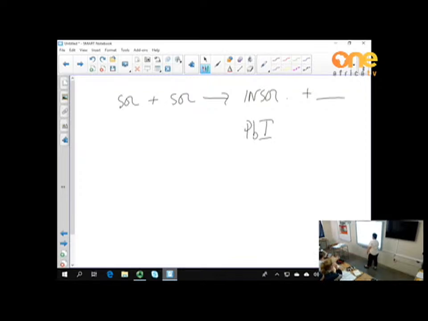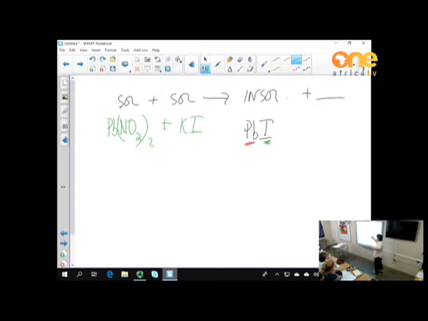Which salts are soluble? I need something containing lead, and I need something containing iodine. So lead nitrate, because all nitrates are soluble, plus, well, all iodides are soluble except silver, lead, and mercury, so potassium iodide.